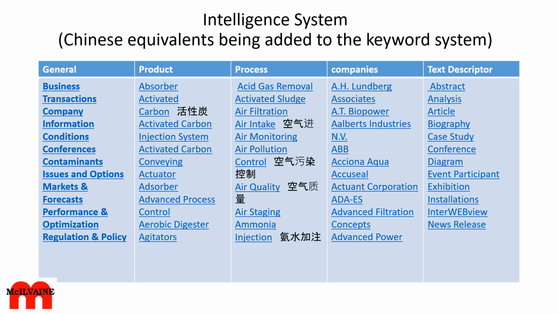The intelligence system in coal-fired boilers allows you to go in by any kind of a product, such as an agitator, or a process such as acid gas removal, or a company, or a particular type of text, whether it's a conference paper or a case study.